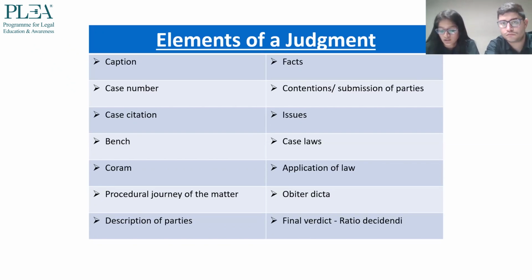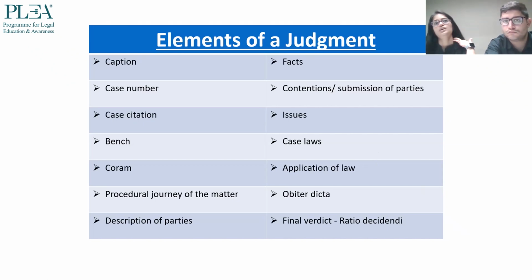The next element is case laws, application of law. Case laws basically are precedents or judgments which are decided by courts of law and which have been used endlessly. For example, there can be a point of law which has been decided several number of times.